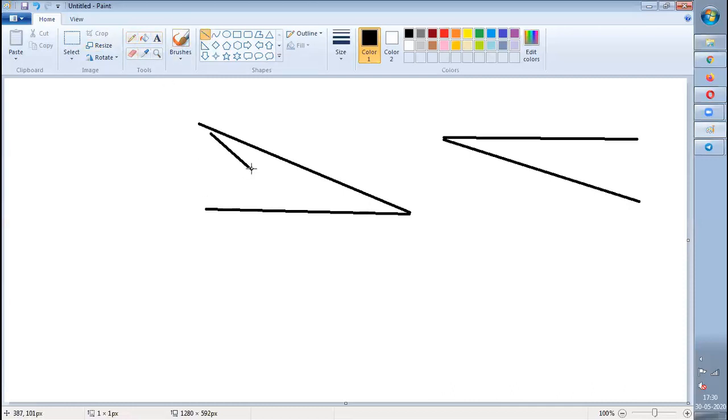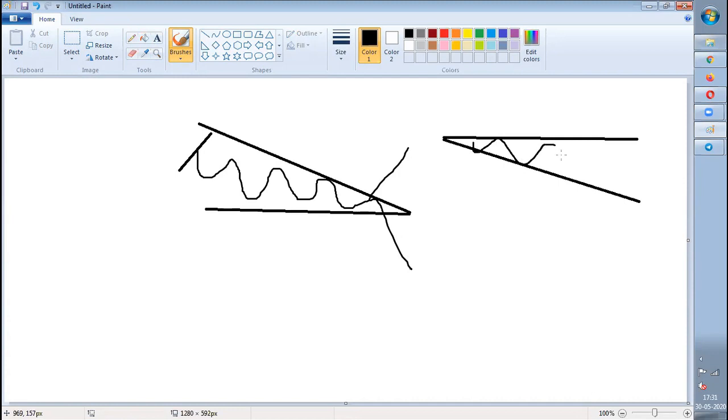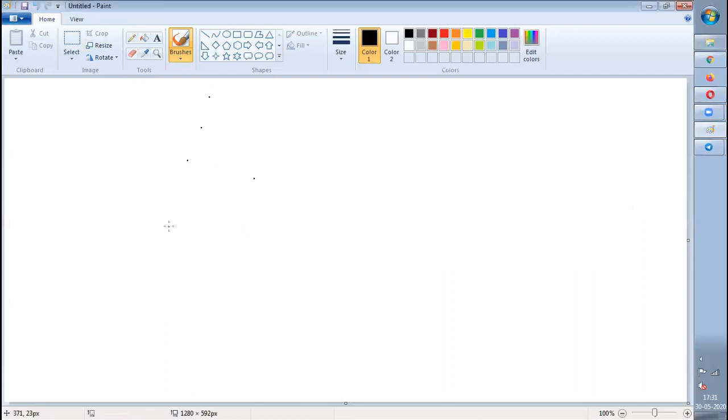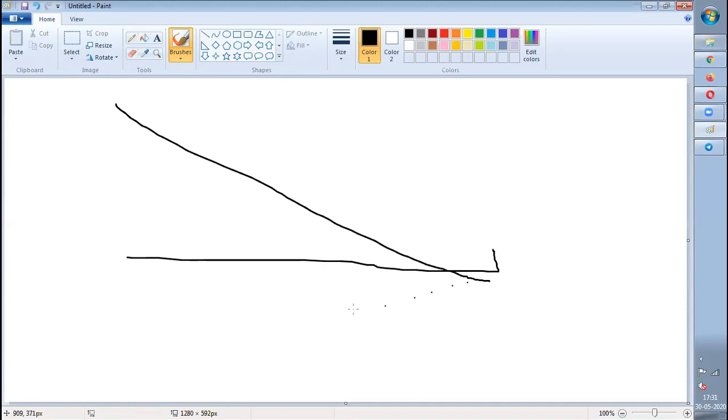So here also we cannot ensure about the breaks. It can break up, it can break down. So we need to watch carefully. How to watch carefully is to check where the candles are touching the most number of times. For example, this is a triangle.